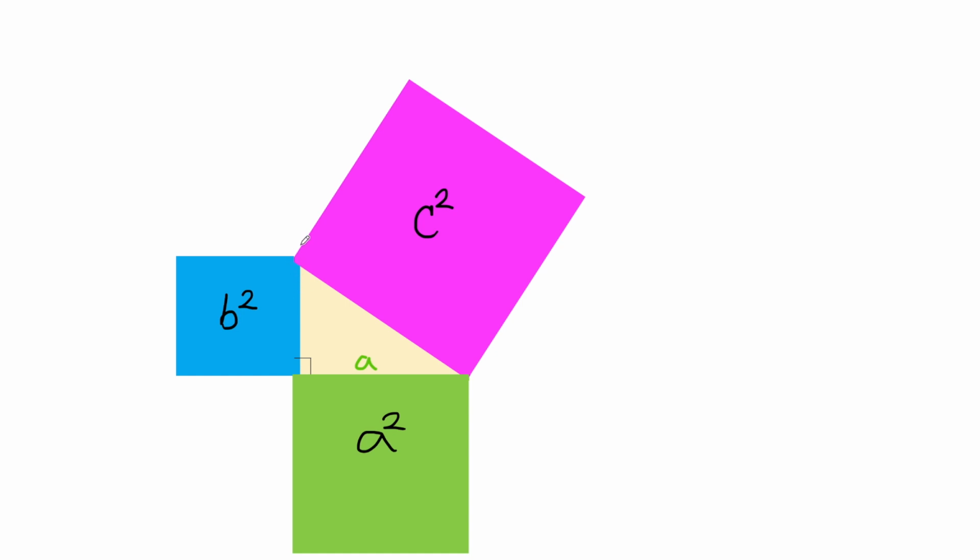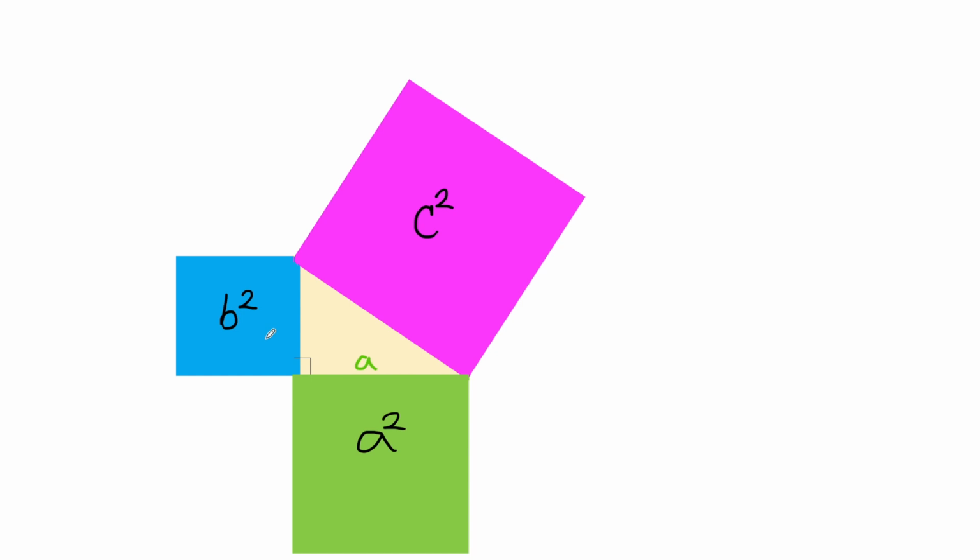So you can see here that it is not actually 100%, but what we want you to do in this activity is to make these squares on color paper, and you're going to do it perfectly. And then you will see that the area of this big square, which was formed by the hypotenuse, C square, is going to be equal to A square plus B square.